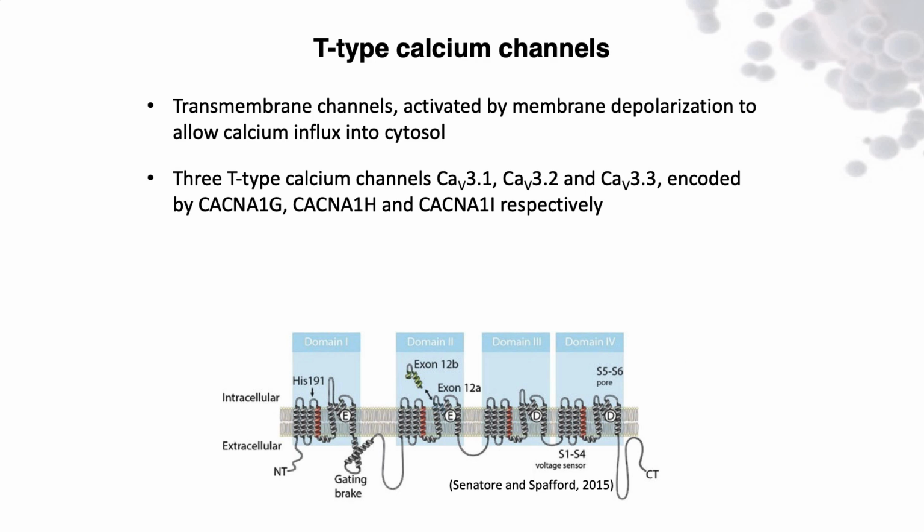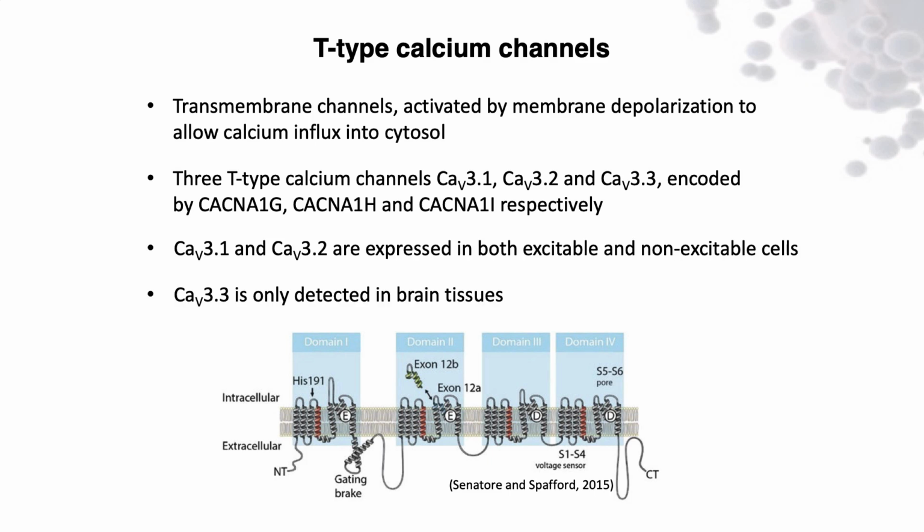The T-type calcium channel is a transmembrane channel activated by membrane depolarization, meaning an increase in membrane potential, which then allows calcium influx into the cell. There are three isoforms, CaV3.1, 3.2, and 3.3, encoded by those genes. CaV3.1 and CaV3.2 are expressed in both excitable and non-excitable cells, whereas CaV3.3 is expressed only in brain tissues.